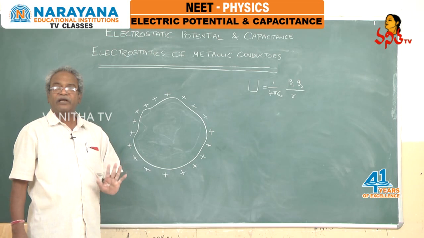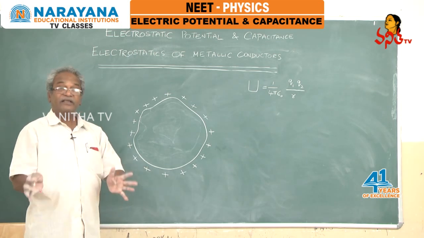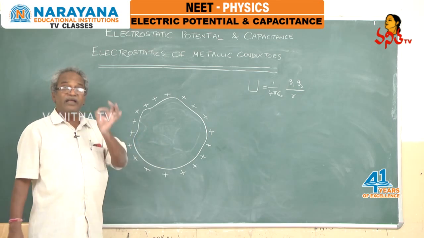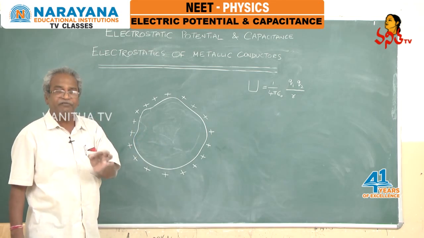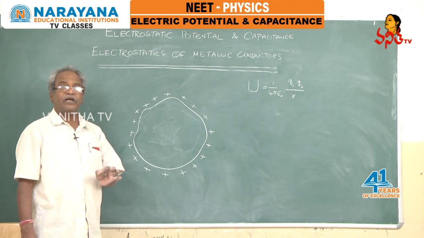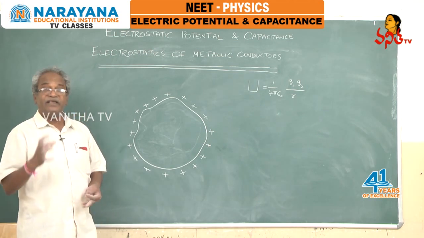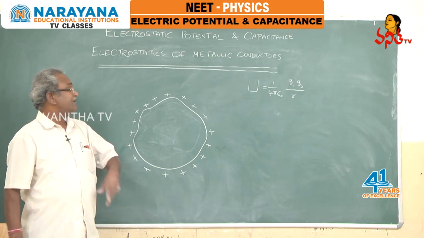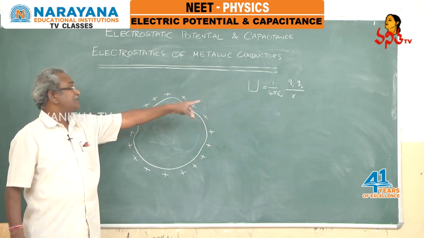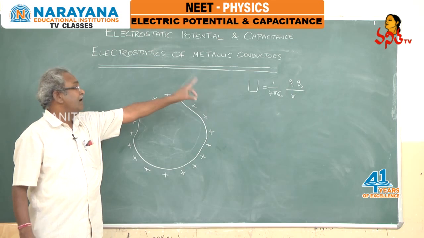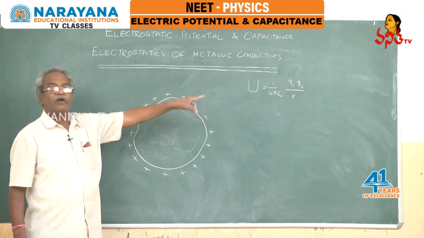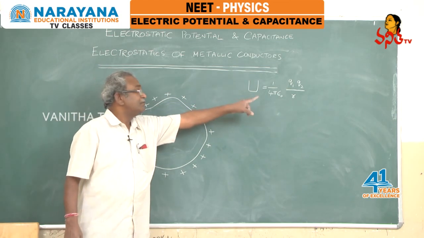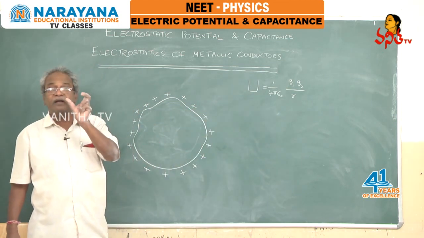A point can come here: why, sir, should the charge appear on the outer surface only? That is to have least potential energy for the charge distribution. In nature, every system will try to attain minimum potential energy. For example, between a pair of charges, the potential energy is 1 by 4 pi epsilon naught Q1 Q2 by r. For potential energy to be least, small r should be very large.